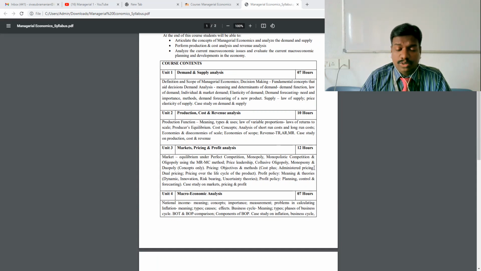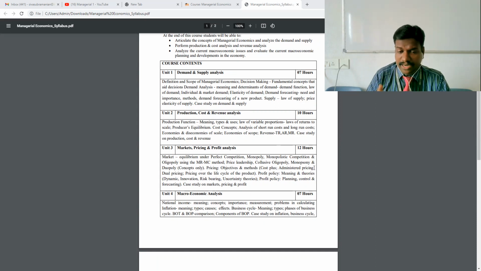We can also study some important components of balance of payments and balance of trade.